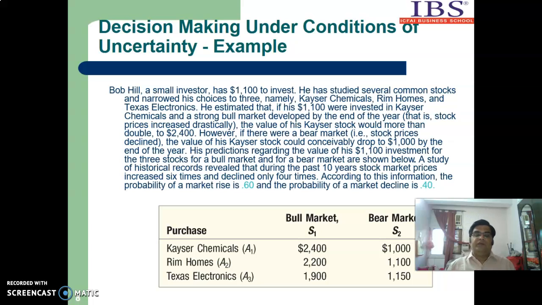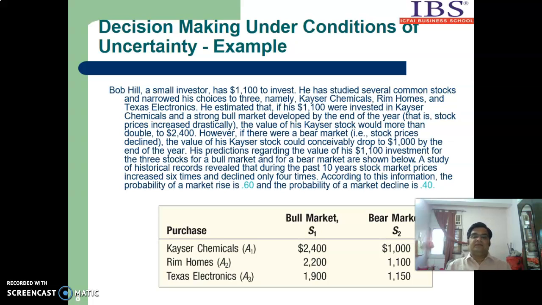Another thing: whenever there is uncertainty, we should understand that there will be an element of probability. As we know, we use probability when we are not certain. In this case, we are not certain about the bullish or bearish market.